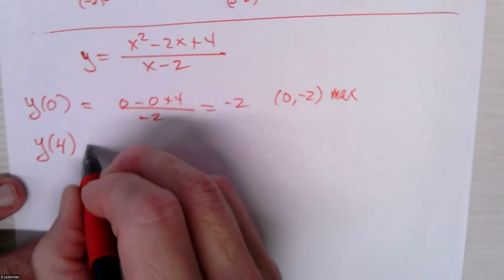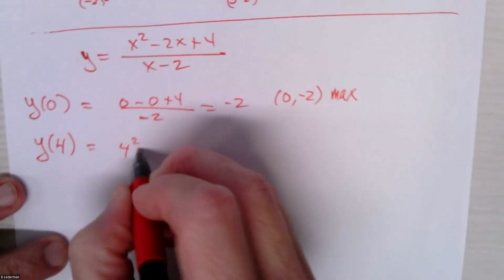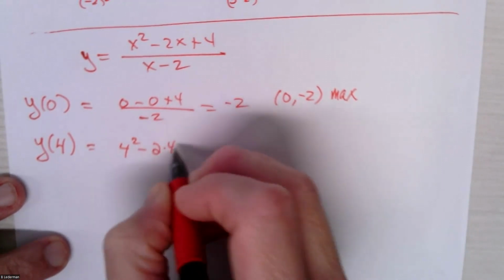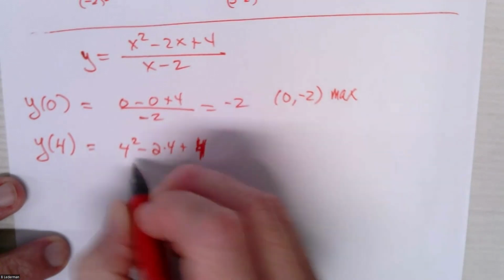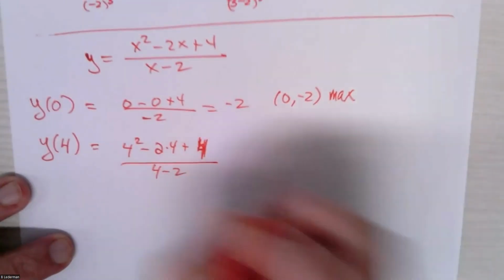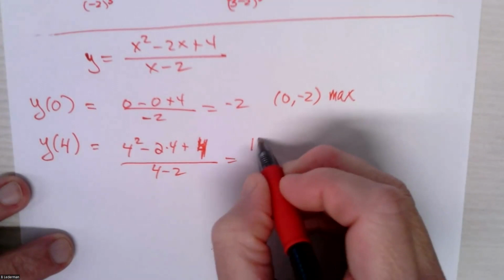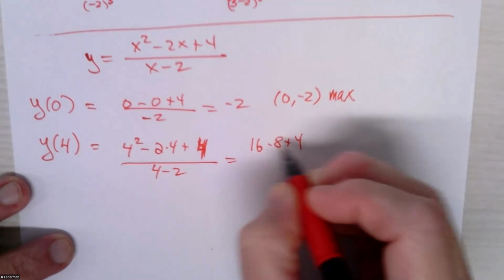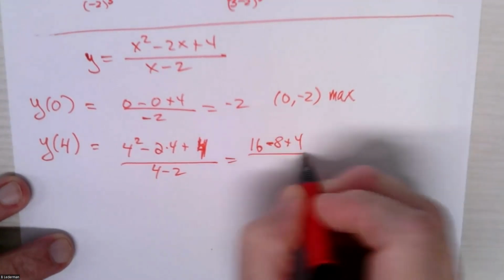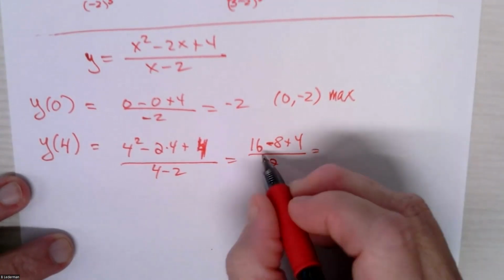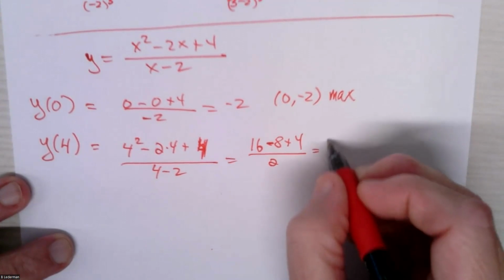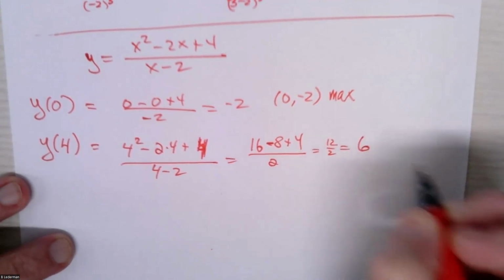So if I have 4 squared minus 2 times 4 plus 4 over 4 minus 2, this is 16 minus 8 plus 4 over 2, which is 6, I think, right? 16 minus 8 is 8, plus 4 is 12, over 2, which is 6.